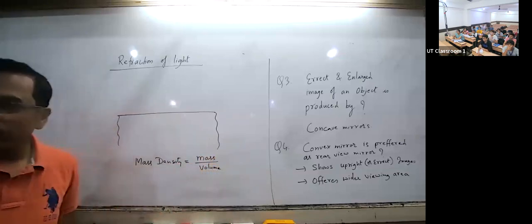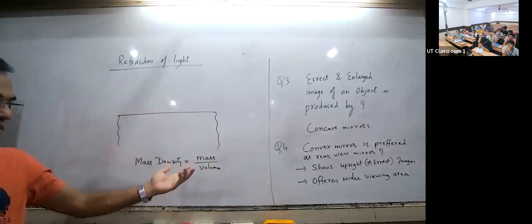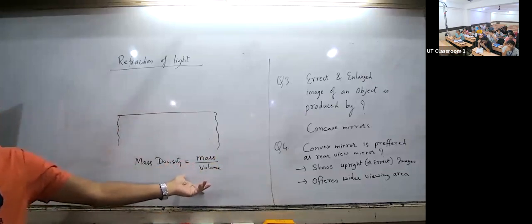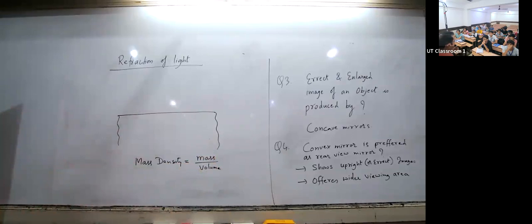So mass per unit volume is the density. If you have a substance which has less mass for a given unit volume, it will be less dense. So density basically signifies the heaviness, how much matter is condensed in a given volume.